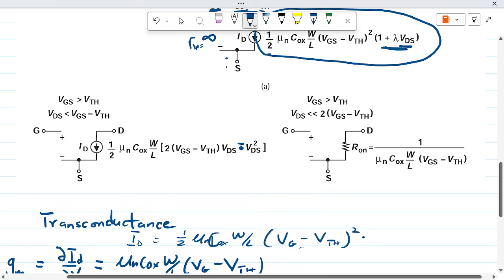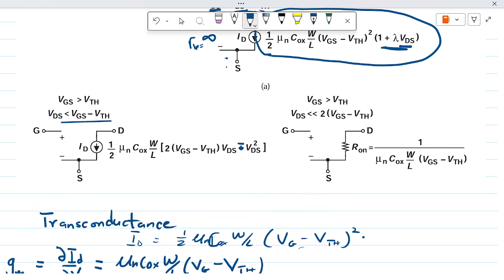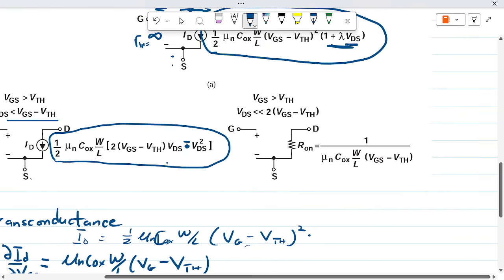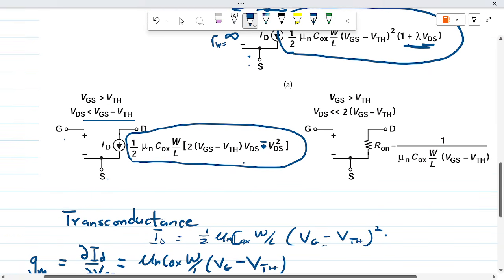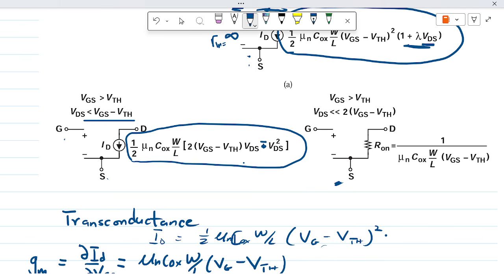Another situation is the triode region, or before we reach saturation, where the original equation holds. So this is the original equation before saturation, and VGS affects it in that way. When VDS is really small, we have almost a linear dependence between the current and the drain voltage. This term becomes really small, so we can neglect that term and have the equation this way.